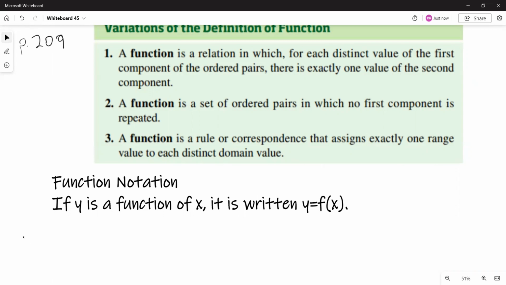And that notation, y equals f of x, reads either f of x or f at x.